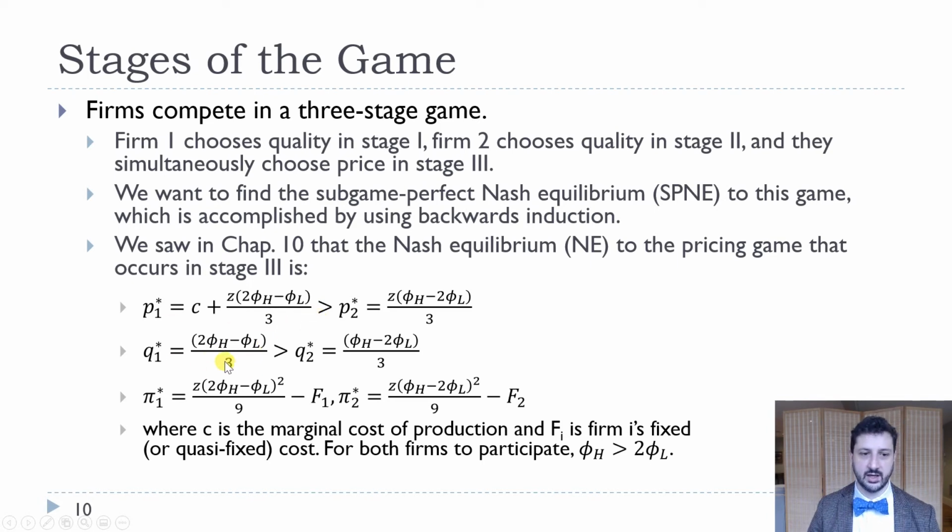Quantity is going to be higher for firm 1. Profits we're not sure about, because it depends on the fixed cost, which could be related to the level of quality. We leave it open here and call it a fixed or quasi-fixed cost. So who earns a higher profit depends on this. Does it cost a lot more to produce the higher quality good? Then firm 1 might not earn higher profits than firm 2.